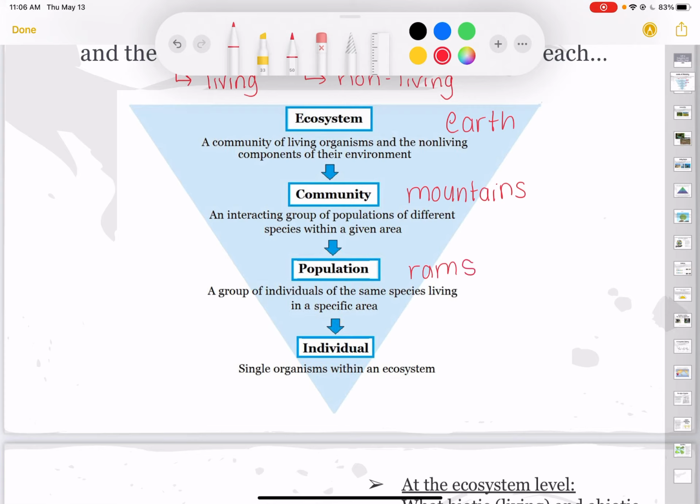And then within that population of rams, we have individuals. So if we're looking at a specific ram, one ram, okay? That's how it goes down from our biggest section to our smallest. And as we go down that hierarchy, it becomes more and more specific.